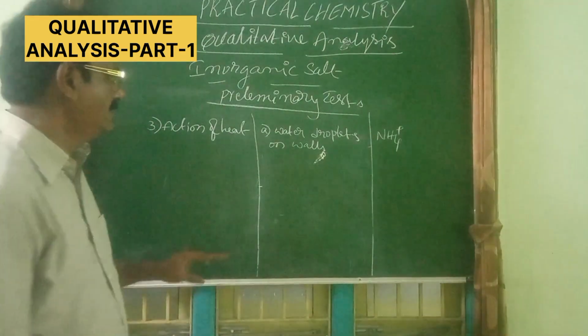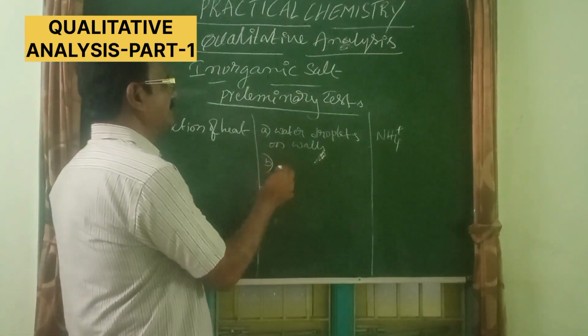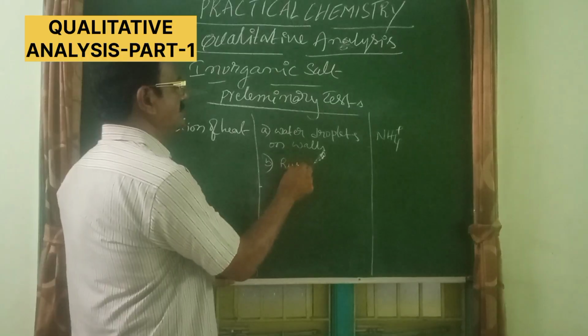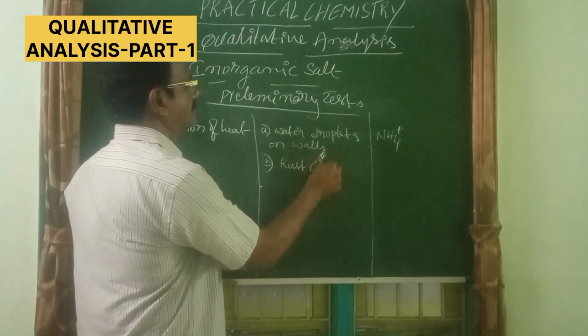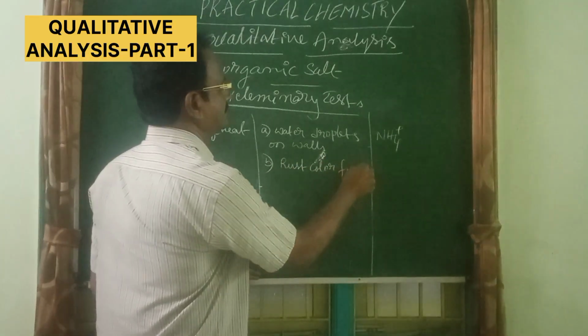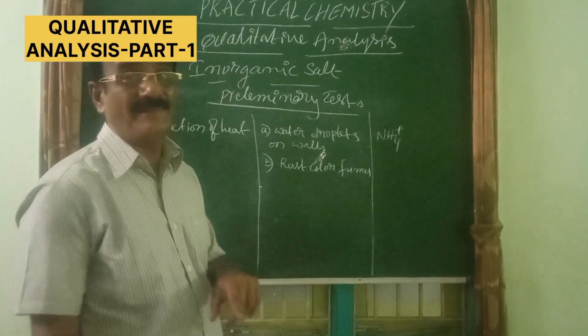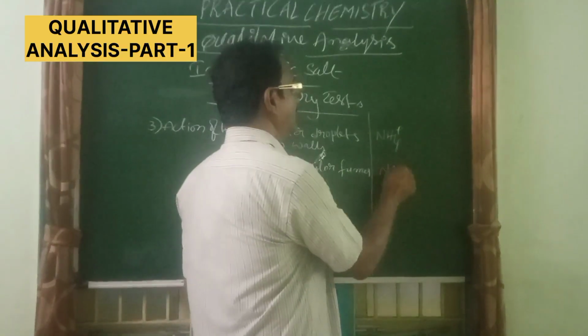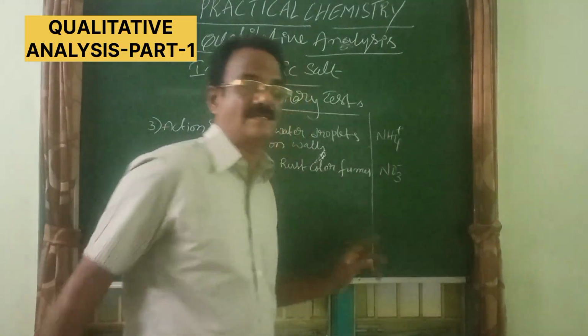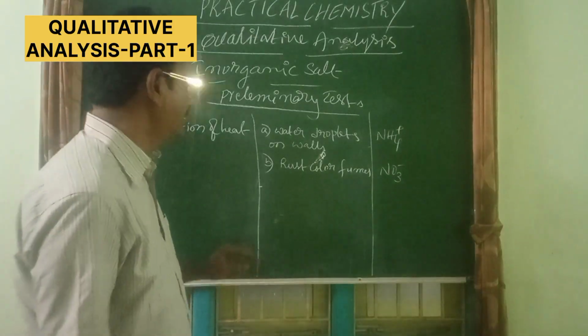If there are rust color fumes, there may be nitrate, NO3-, anion in the salt. Is it clear?